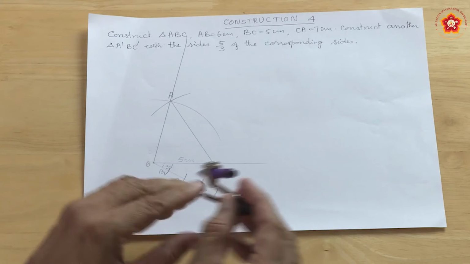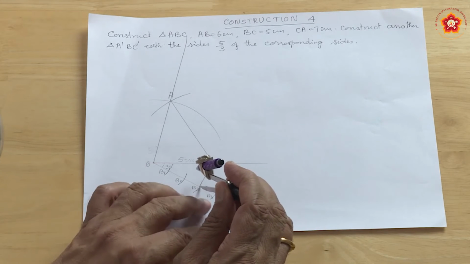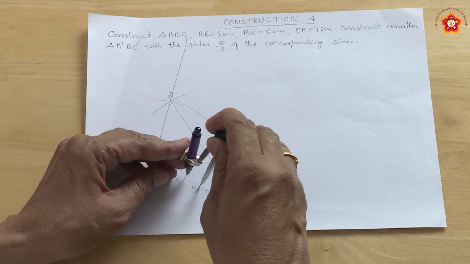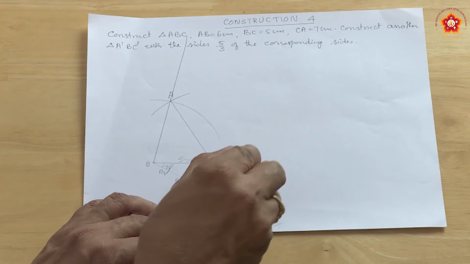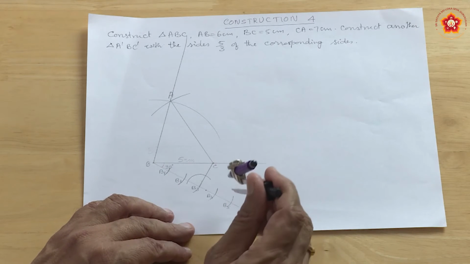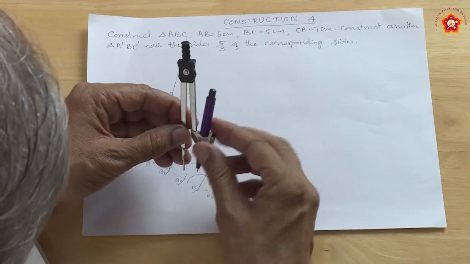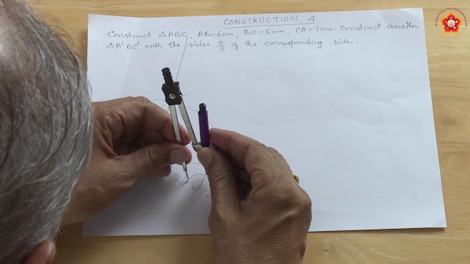As we have seen yesterday, keep the compass at B3 and draw an arc of convenient radius, a little less than the previous. Draw the same arc at B5 also. With the same measurement, cut off one more arc.